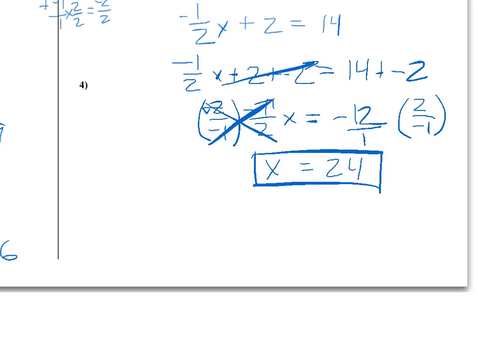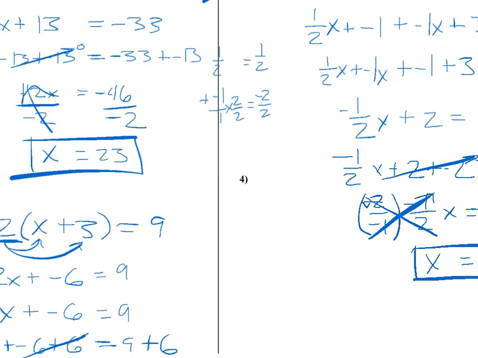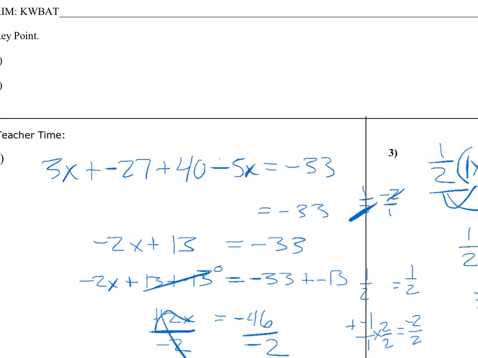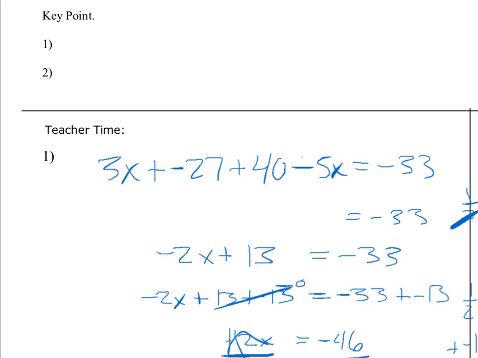Questions? All right, key point or key points. Genesis. Do the steps one at a time. That's always true for showing our work. Not necessarily a key point for today, but also important. Hervey?